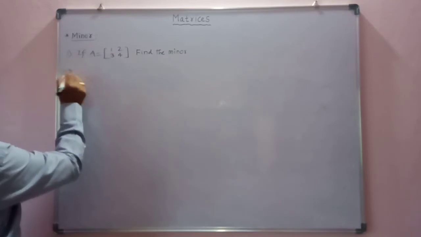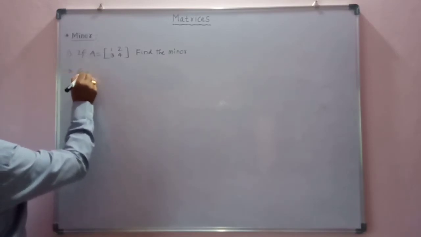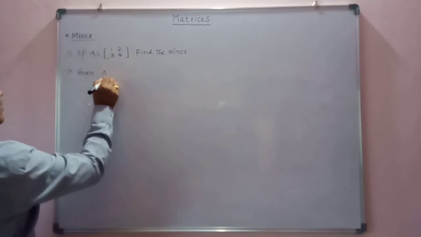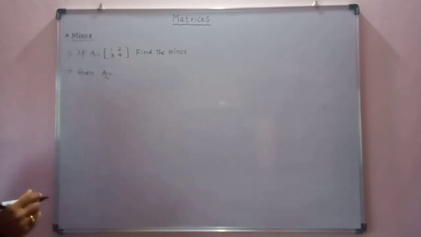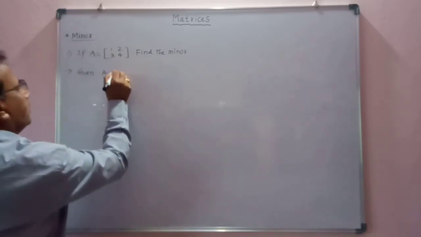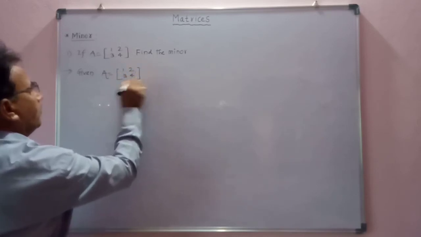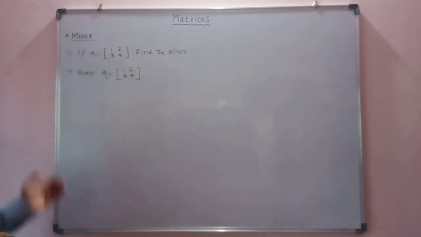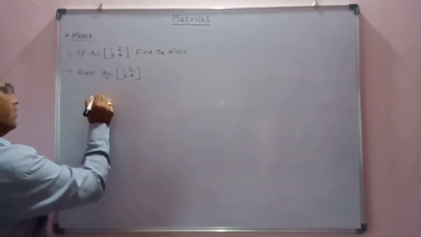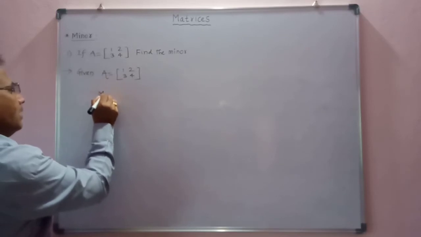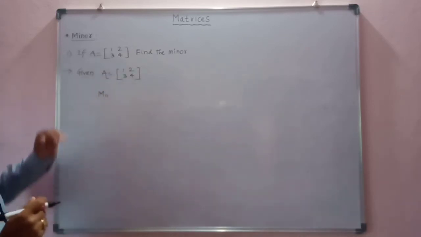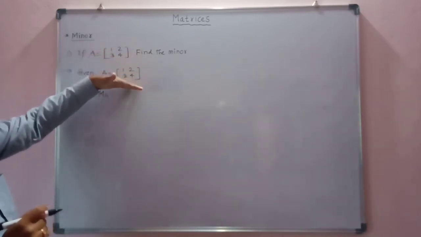Firstly, given matrix A is 1, 2, 3, 4. There are 4 minors. This is the first row, this is the second row.